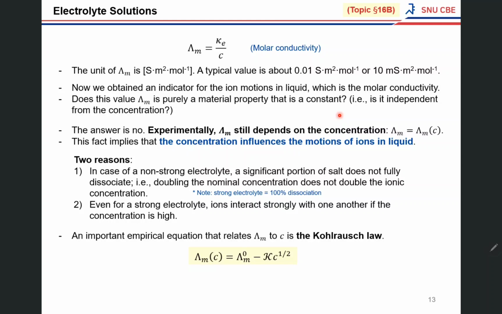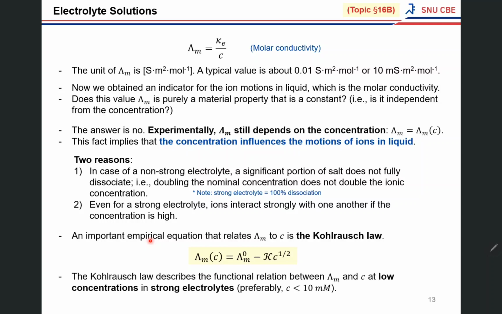We may have some kind of empirical equation that correlates the molar conductivity and the concentration, and one of the famous equations is the Kohlrausch law. Here we have a constant, lambda 0 m, and we have the concentration dependent term.